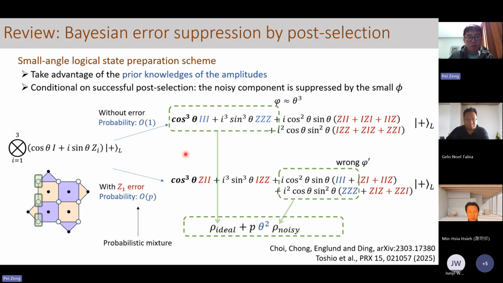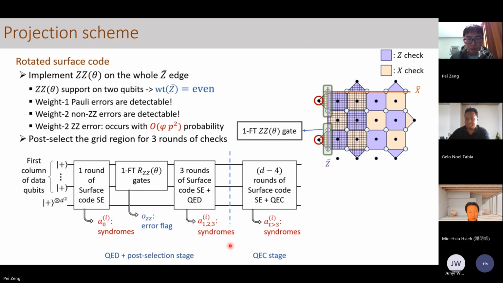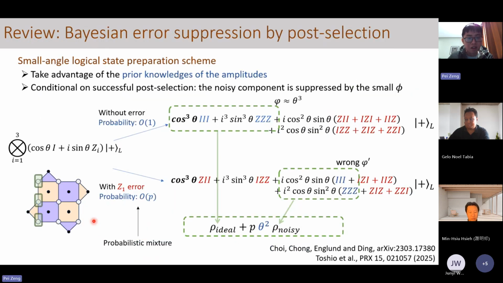And so with this Bayesian error suppression, you can suppress the error to 5p. Formally, I don't know how to say it very simply, but I've prepared slides for 2 hours, so I will try to explain it as quickly as possible.